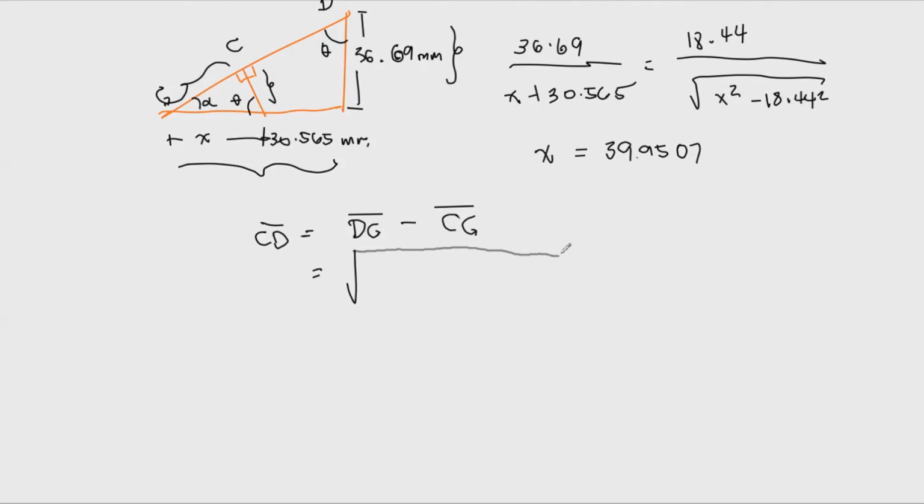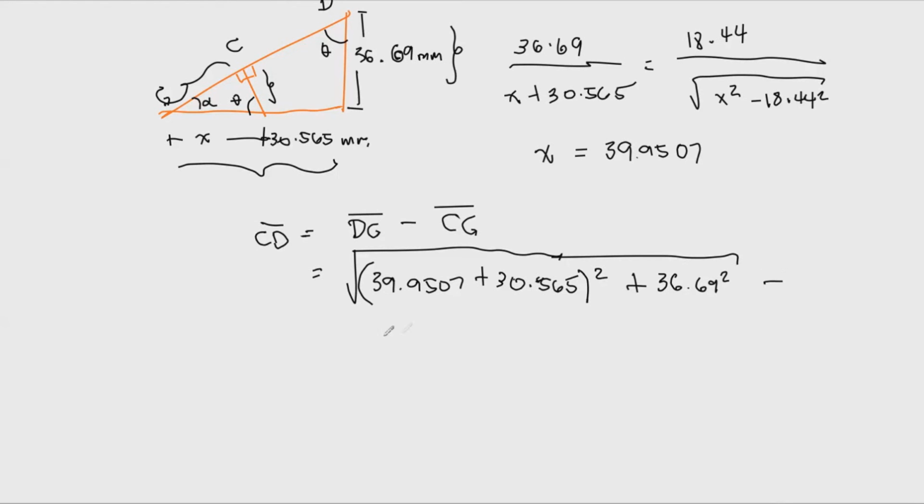So in this case, we have 39.9507, and we add that with 30.565 to get the longer leg of the bigger triangle. So we square that and then add the square of the other leg. In this case, this is the hypotenuse of the bigger triangle. Then we subtract the leg of one of the smaller triangles.